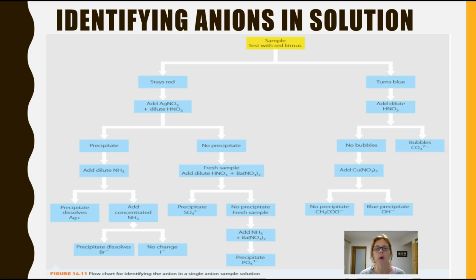Like before, we are going to look in class at a whole host of different flowcharts for identifying anions in solution and create our own using the knowledge that we have developed through our experiments and also our looking at tables and so on to work out what reactions will work to produce what precipitate and so forth to allow us to make informed decisions about what anions might be present in solution.